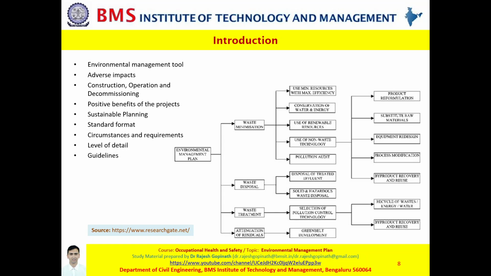Now having said that, what would be the level of details? Your EMP can be 1 page, 50 pages, 100 pages, or 500 pages. So the level of details that you need to provide in your EMP basically depends on the scale of your project. Is it a small scale industry, medium scale industry, or a large scale industry?